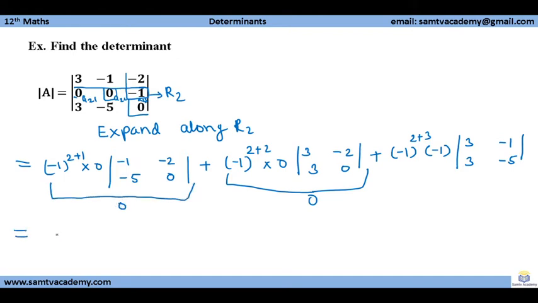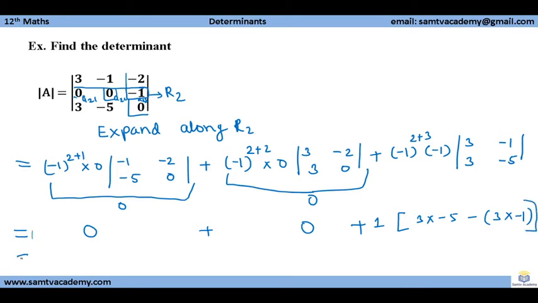So we will write 0 plus 0 plus, we will solve for this. This is 2 plus 3, so it is odd. It will make this negative. So negative, negative, it will give 1. And we will solve this: 3 into minus 5 minus 3 into minus 1.